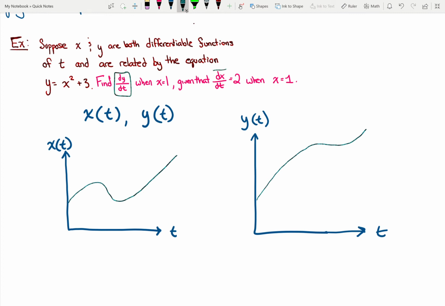And what we're doing is finding dy/dt and dx/dt. So what is that? dx/dt is the slope of the tangent line at points on this curve, just like this. Same thing, dy/dt is just the slope of the tangent line of this curve.